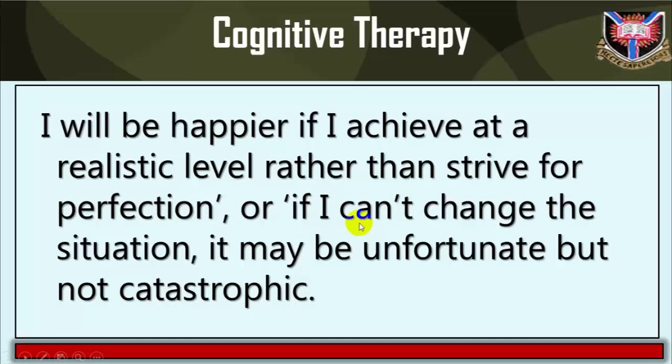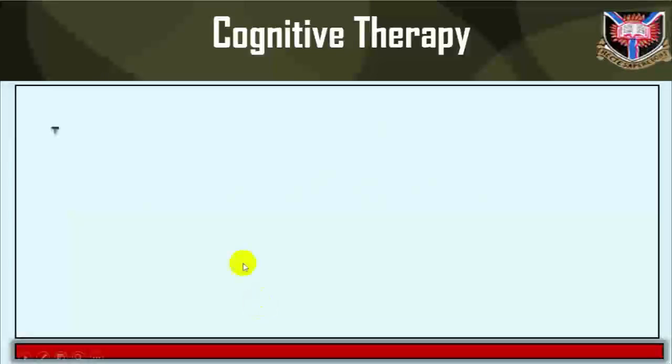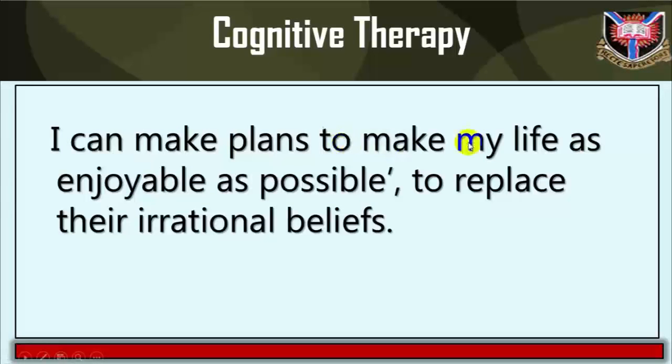Or, if I can't change the situation, it may be unfortunate but not catastrophic. I can make plans to make my life as enjoyable as possible to replace their irrational belief.